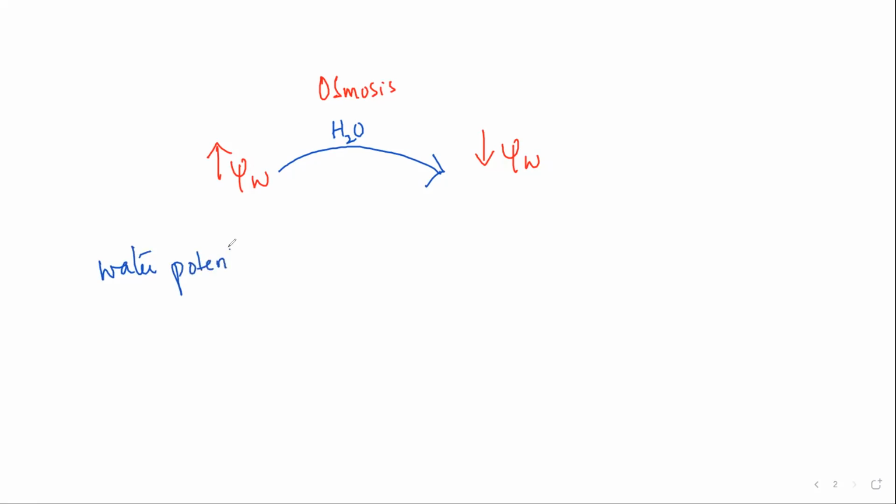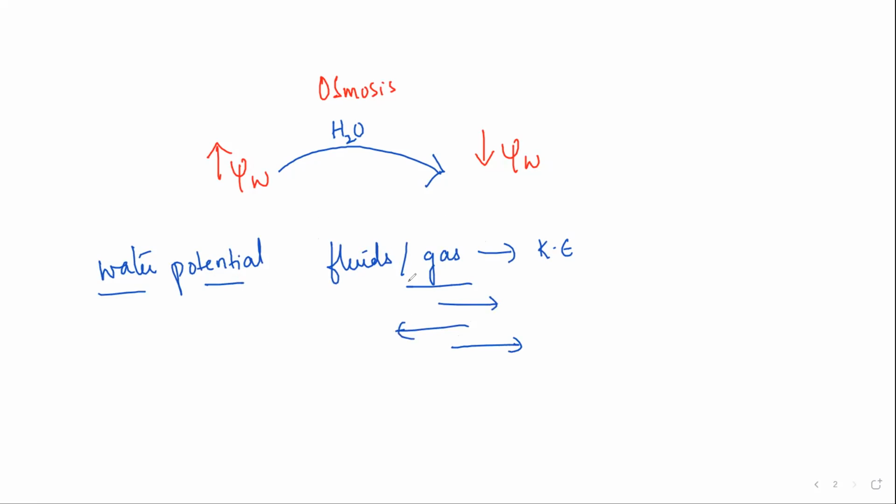We all know, as we have spoken about the diffusion process, that fluids and gas molecules have their own kinetic energy. Because of the kinetic energy, the molecules move randomly, and they apply pressure on the wall of the container.